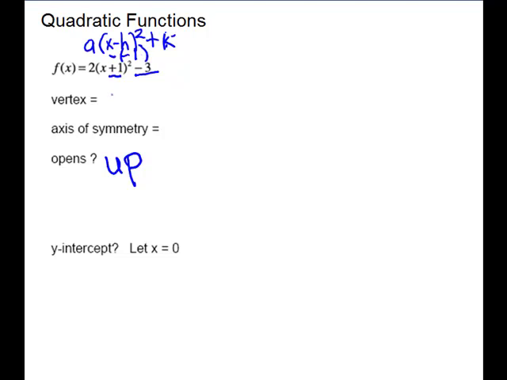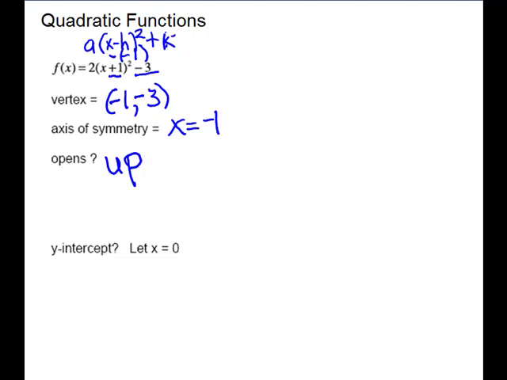That's how you get plus. So it's going to be negative 1. And here, that's plus, so it just will take that sign. That will be our vertex. Axis of symmetry, x equals negative 1. We've already answered that it opens up.